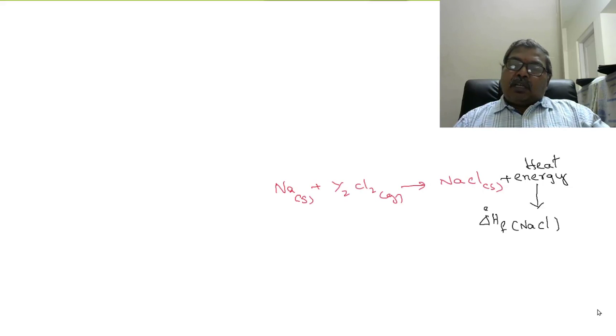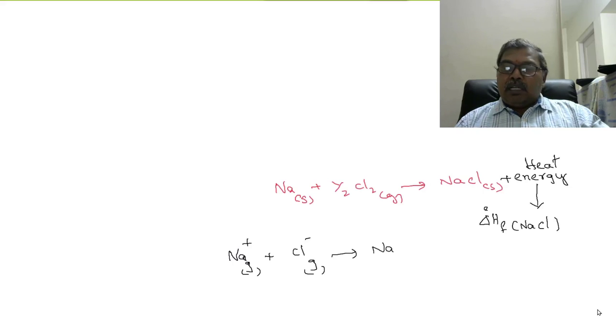Now, can we determine this? Na plus gaseous ions and Cl minus gaseous ions combine to give NaCl solid. In this also energy is released in the form of heat.